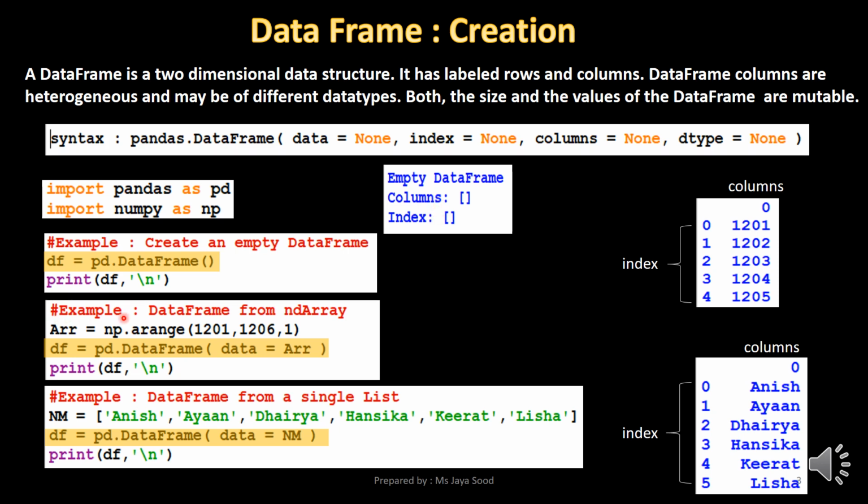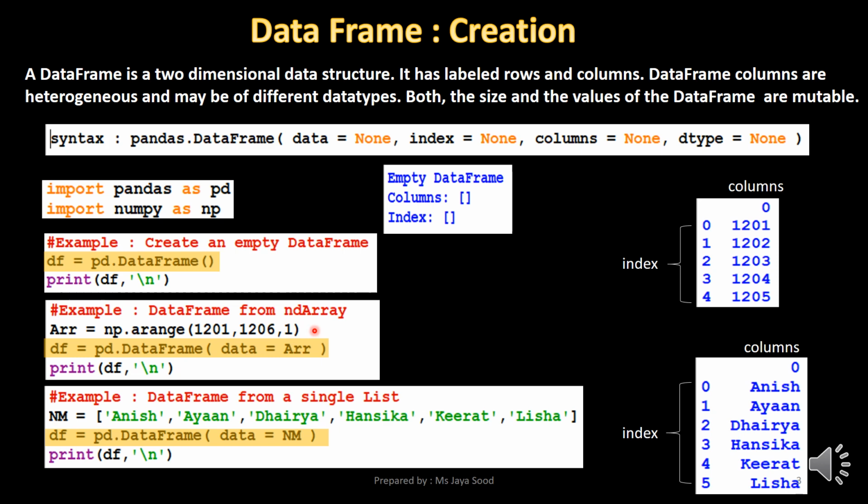In the second example, we are creating a data frame from an ND array. ARR is an ND array which is created by invoking the NumPy arange method with the arguments 1201, 1206 and 1.